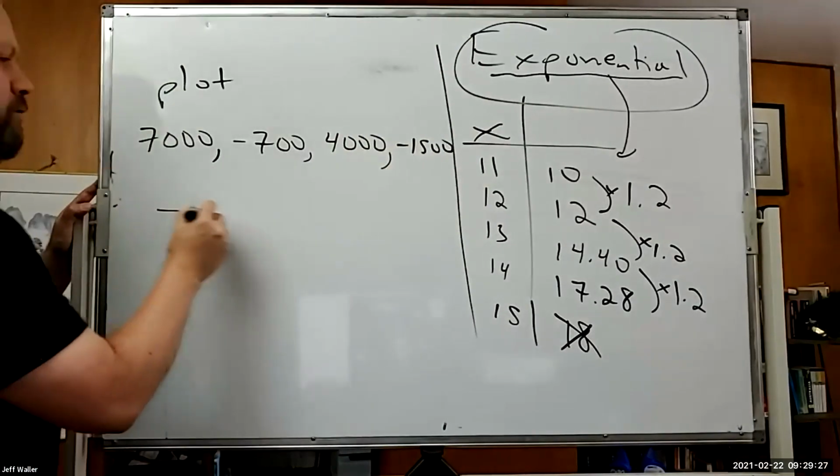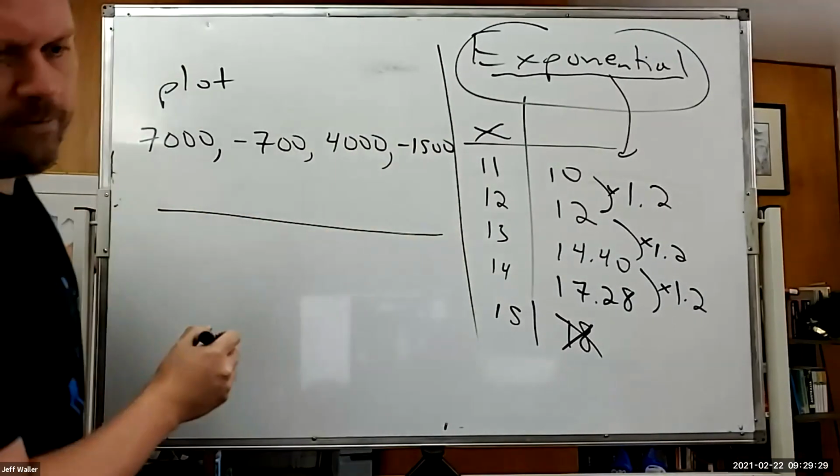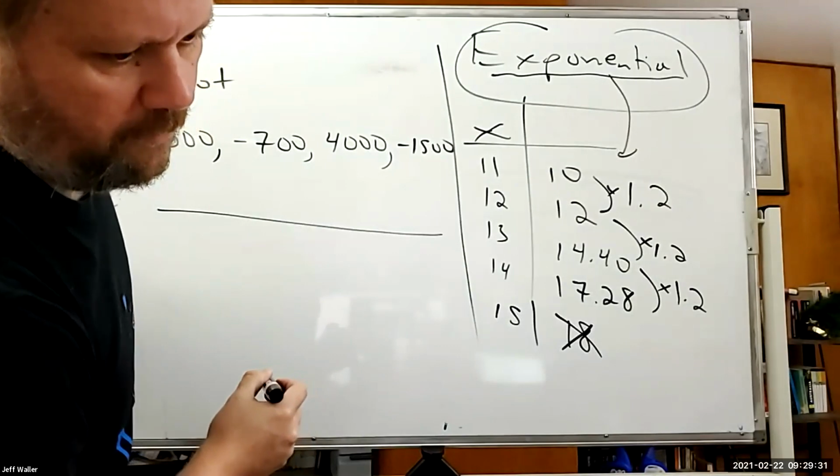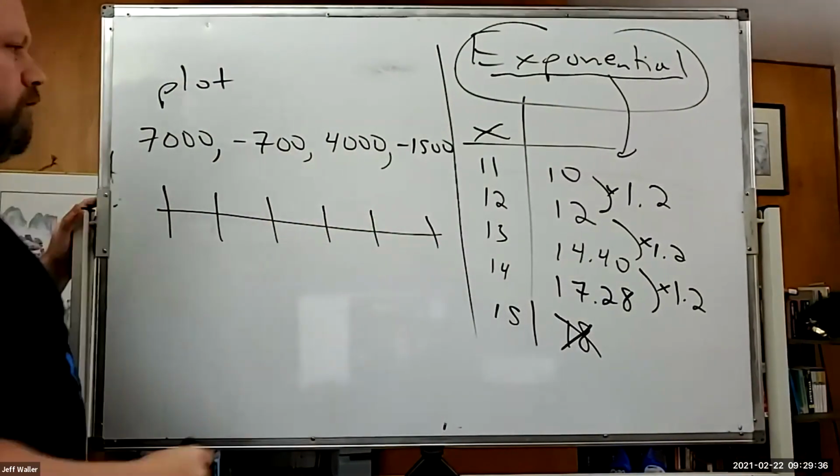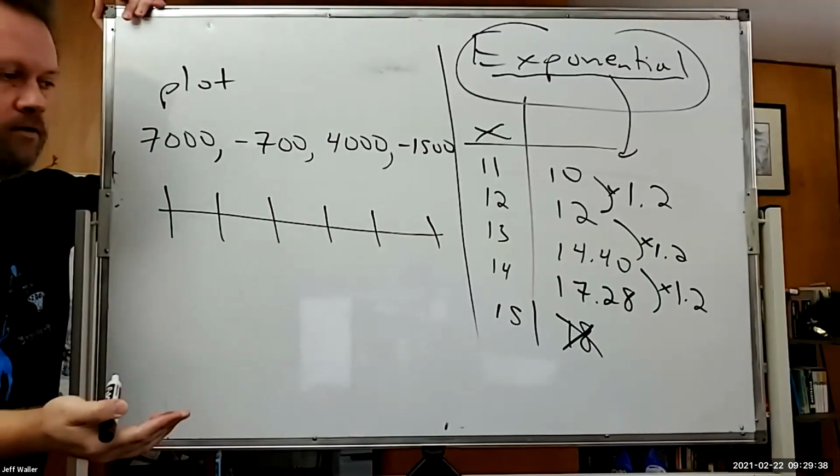You just have to pick a good scale. How many tick marks do they give you? 1, 2, 3, 4, 5, 6. All right. You have to pick a good scale.